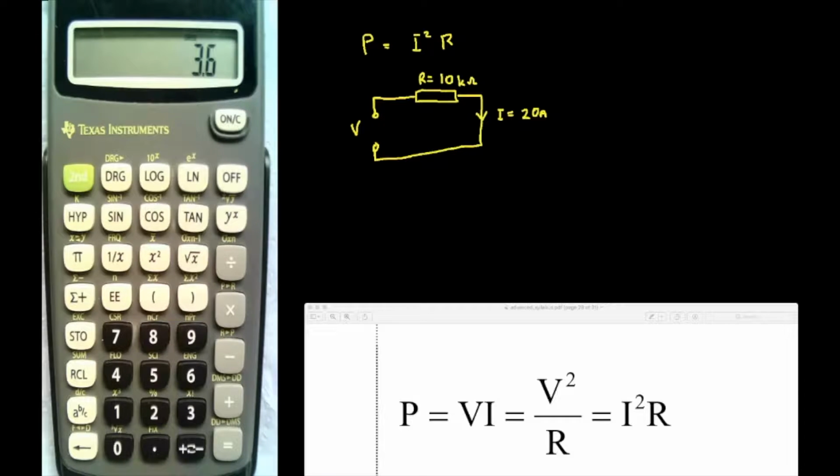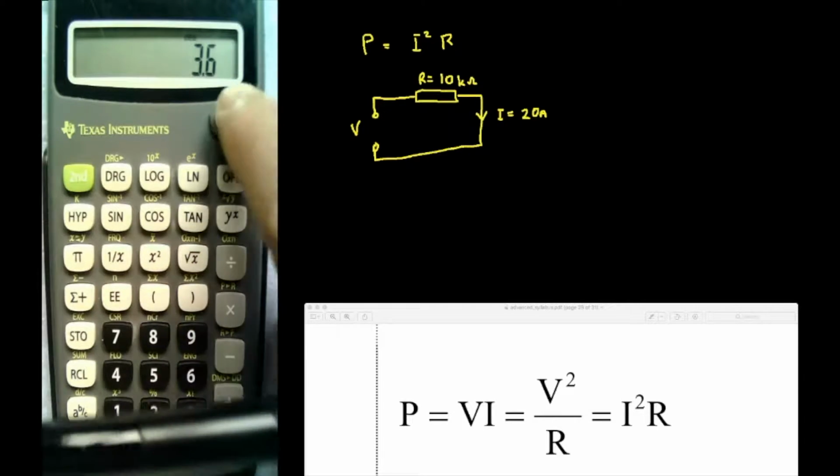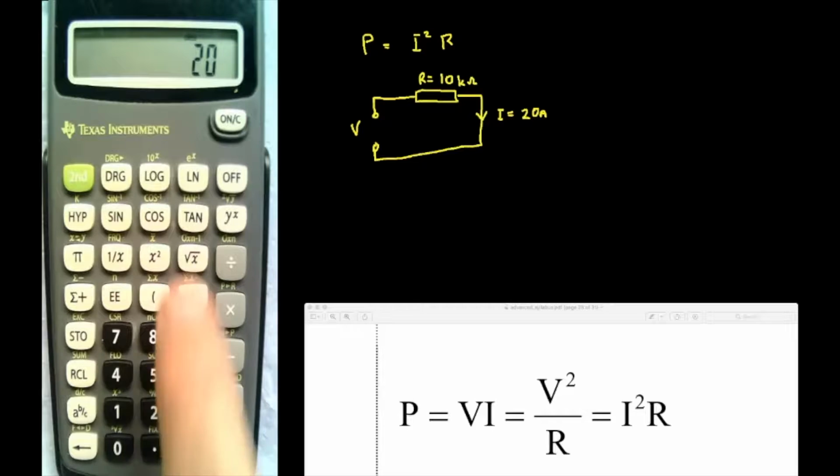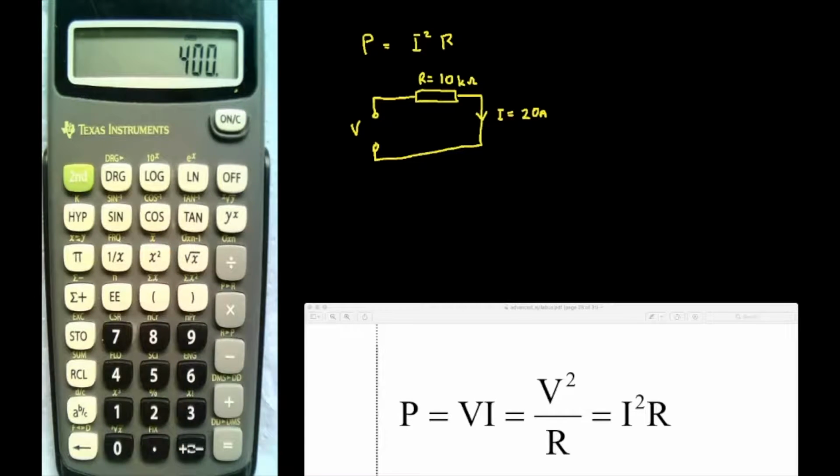Let's work it out. So first of all, let's work out I squared. Put in 20, and then press the X squared button. And we get 400. So we can write that down. Don't have to write it down, but for illustrative purposes we would do.